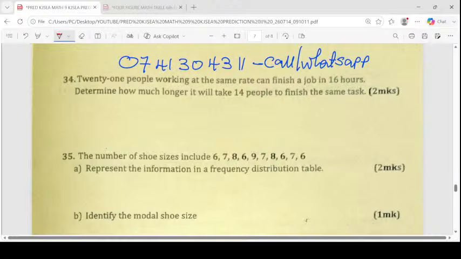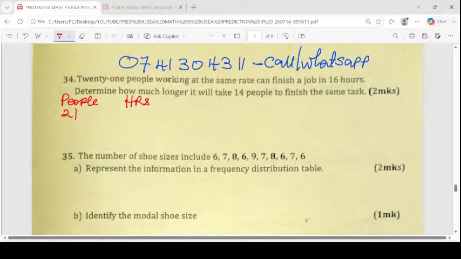21 people working at the same rate can finish a job in 16 hours. Determine how much longer it will take 14 people to finish the same task. We've got the number of people here and the duration in hours.